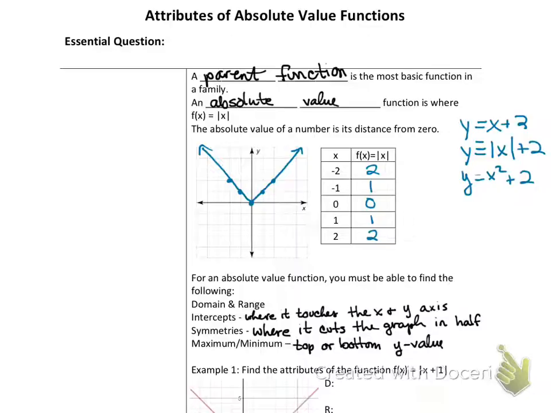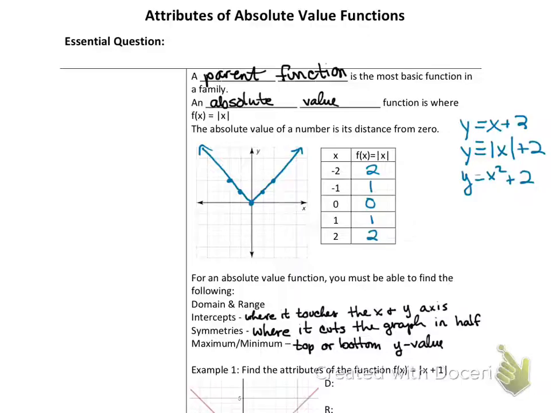Same thing with a minimum. If it goes on forever down, it does not have a minimum, because it keeps going. It never stops. So a minimum is its lowest point, because you're thinking min. Min is little. Min is as far down as you can possibly go. So whenever you do that, you're always talking about the y value. Not the point, just the y value that goes right there.